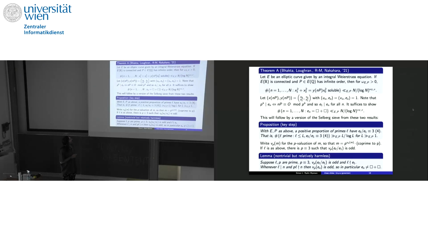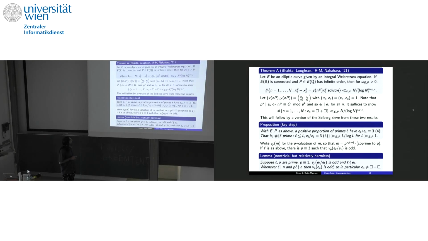If p to the k divides E1, that means capital P is the point at infinity modulo p to the k, which means any multiple of capital P is the point at infinity modulo p to the k. Okay, and we'll see some more facts like this soon.